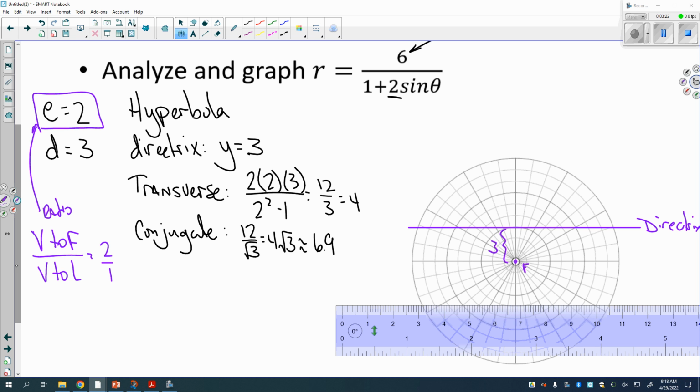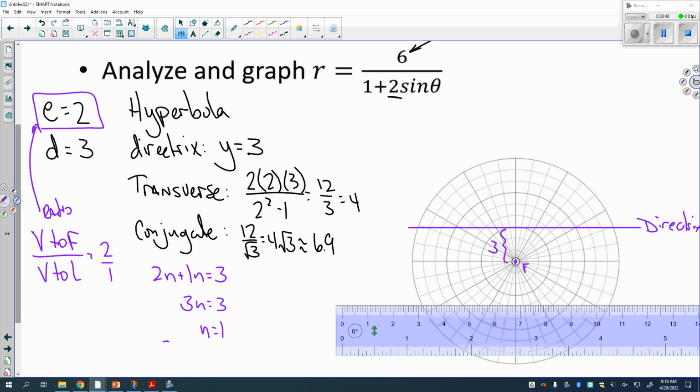So the easiest way to do this, well, maybe not the easiest way, but the way that will always work, is I'm going to do 2n plus 1n. So that'll give me my 2 parts, a 2 and a 1. And that has to add up to 3. That's the distance between the focus and the directrix. Solve that for n. N equals 1.